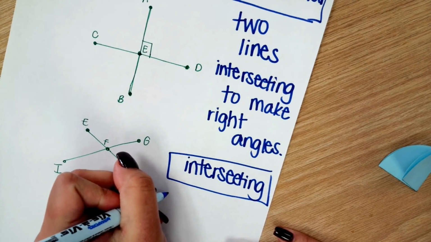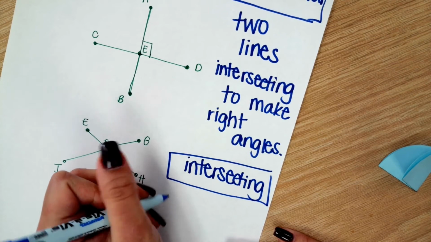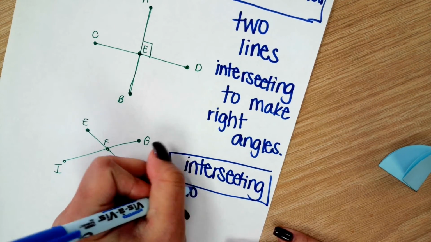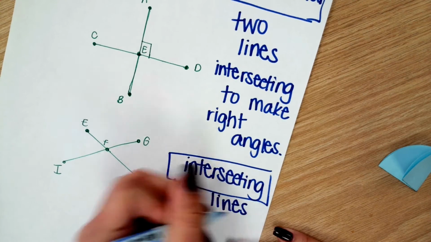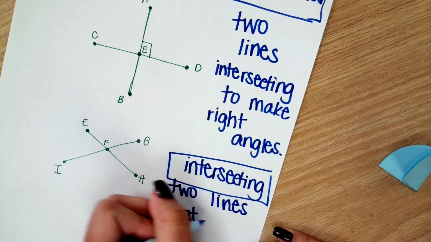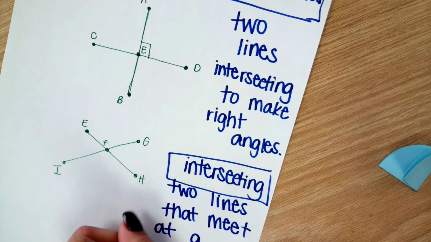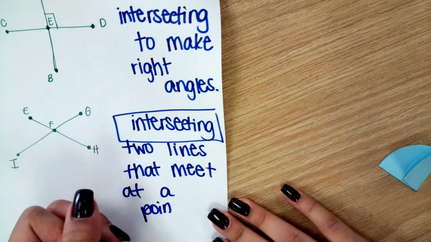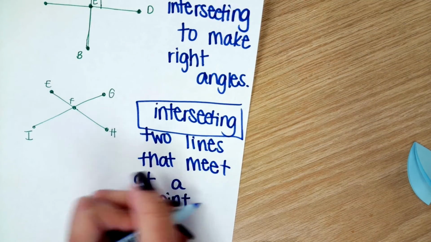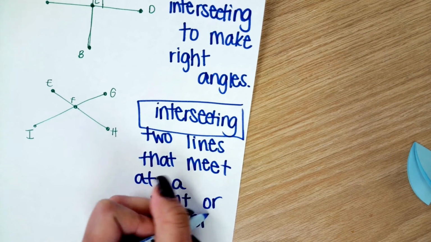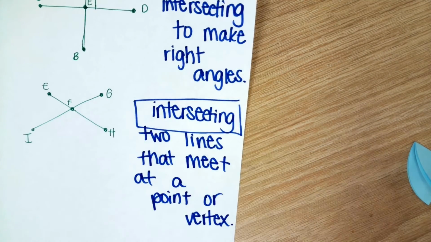Intersecting lines are just 2 lines that meet at some point. At a point or vertex. Because we know a vertex is another way to say a point.